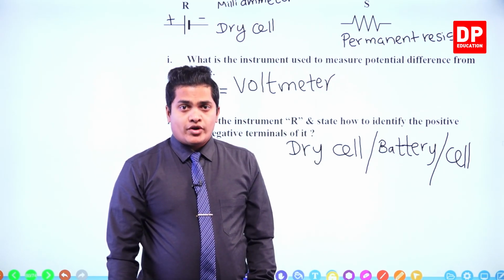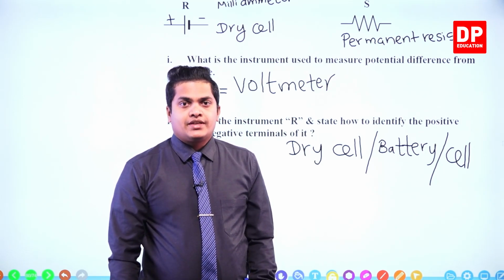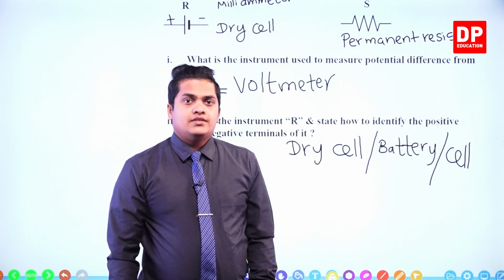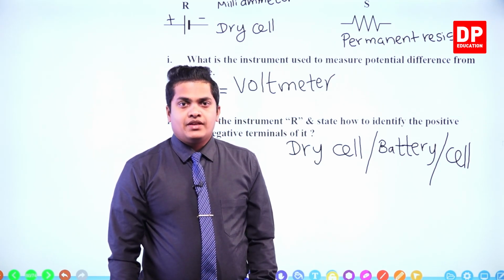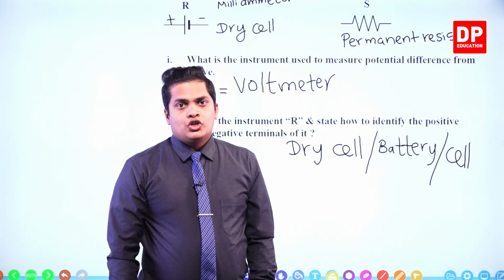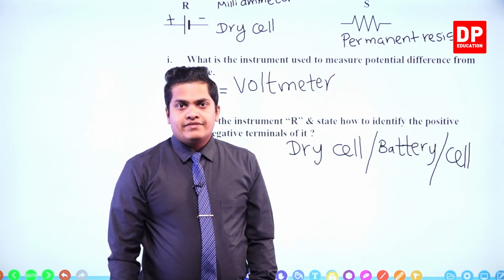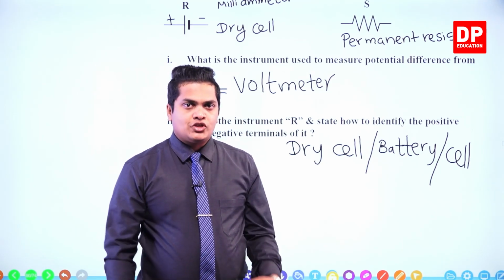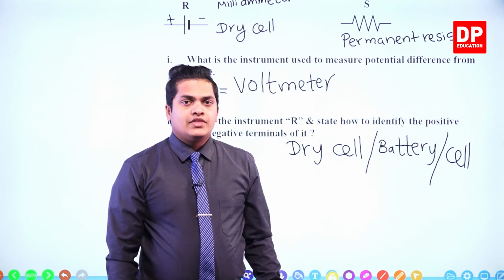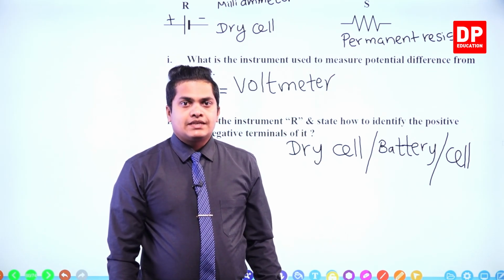When you are representing a dry cell, one terminal is lengthier and one is shorter. By using that feature, we can directly identify the two terminals of the circuit symbol of a dry cell.